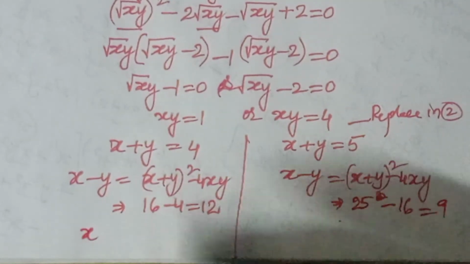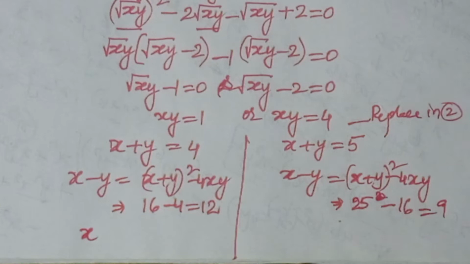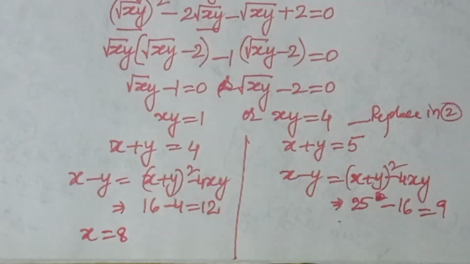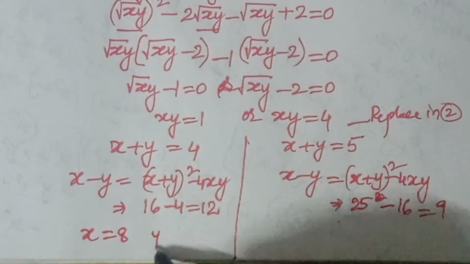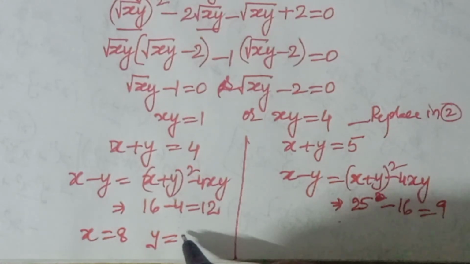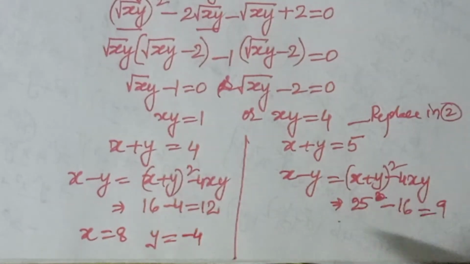So here if you solve the values, x value will be 8. Then y value will be 4 minus 4.